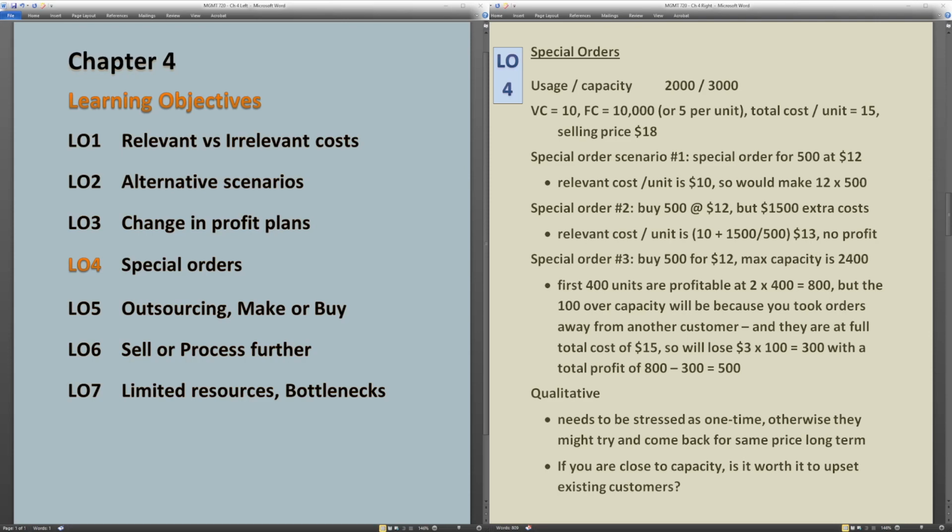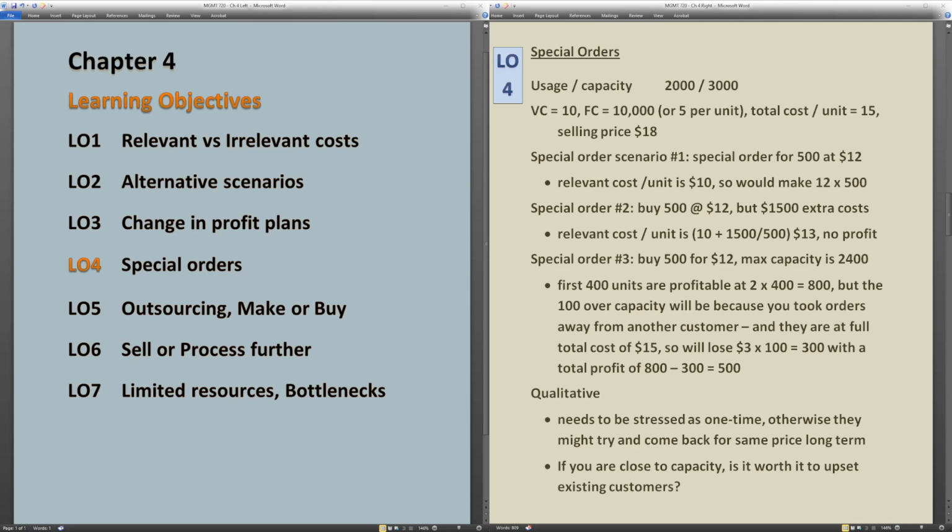The next complication, special order number 3. Let's say they want to buy 500 units at $12, but instead of our max capacity being 3,000, you notice I didn't mention it, but in the previous two scenarios, when they asked for us to produce 500, the 500 was easily attainable because we had excess capacity.